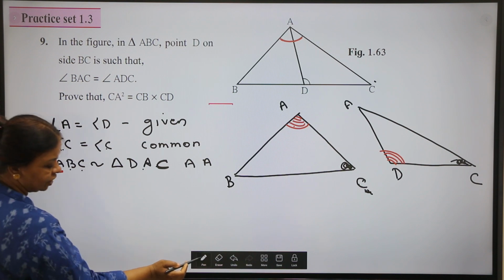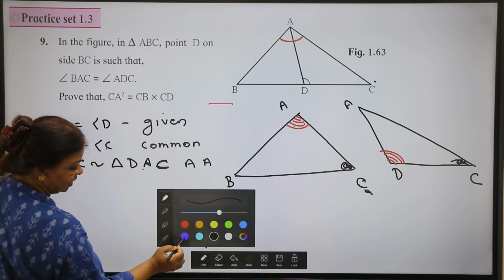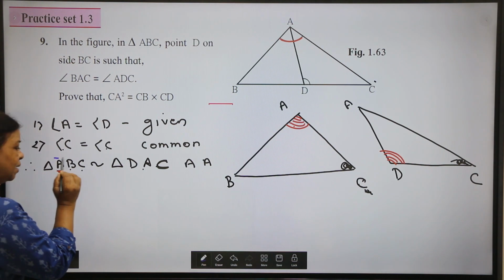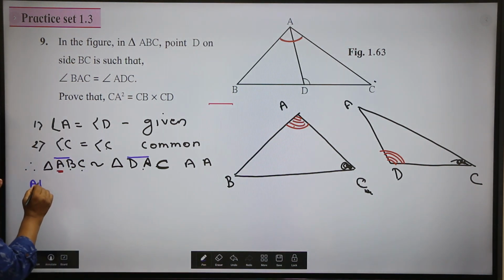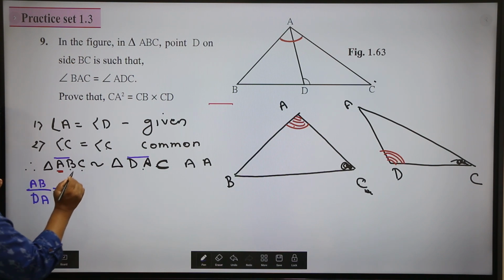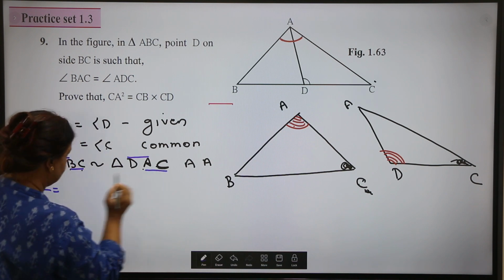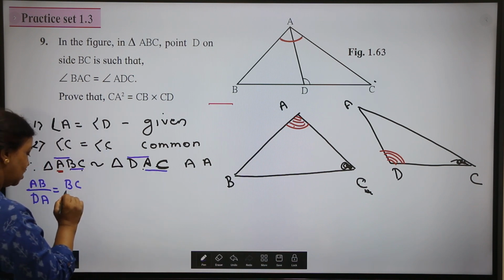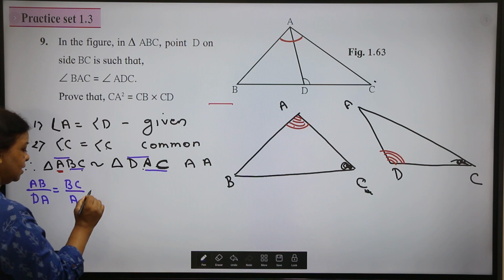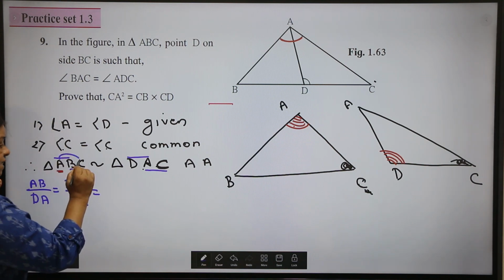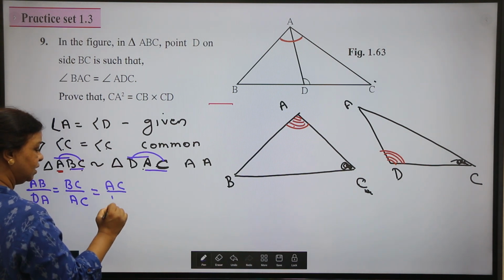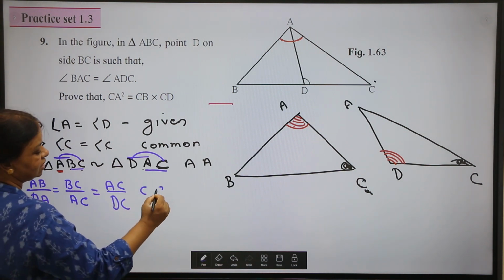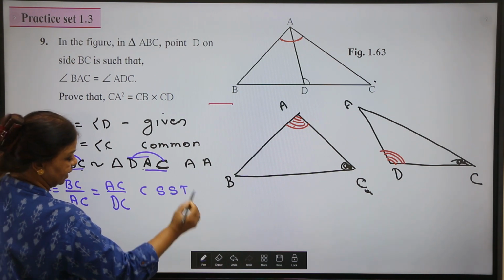Corresponding sides, if I take AB upon DA is equal to BC upon AC, which is equal to AC upon DC, corresponding sides of similar triangles.